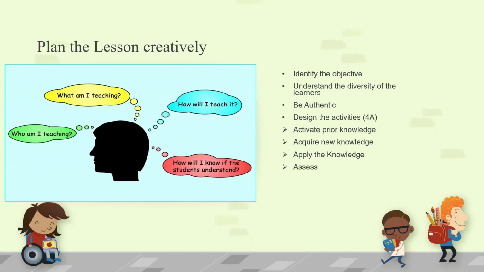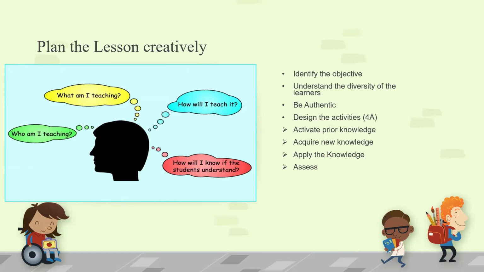We have to think, what am I teaching? How will I teach it? And who am I teaching? The age of the children. And how will I know if the student understood? All these things matter when we make our lesson plans.